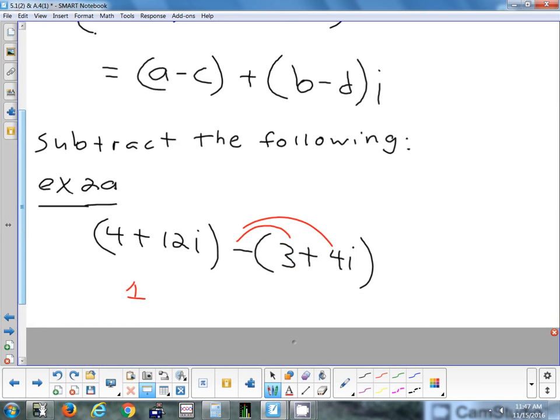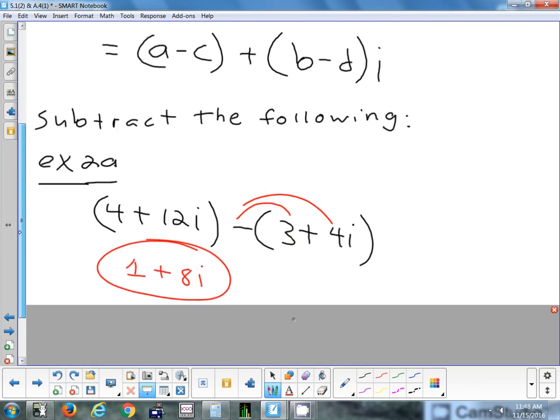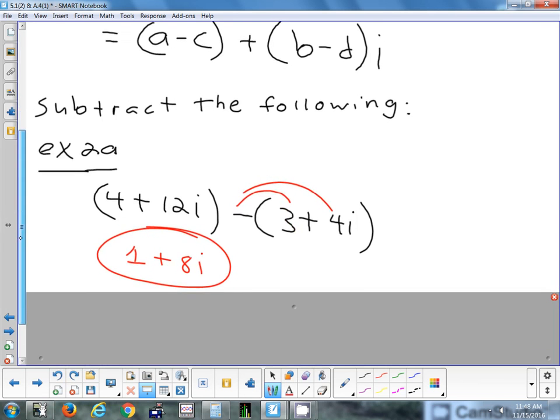And Connor, how about for my imaginary part? 8. Yep. 12 minus 4. So that's 8. And what do I put next to it? i. Okay, any questions on that one?